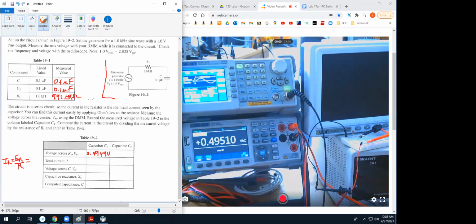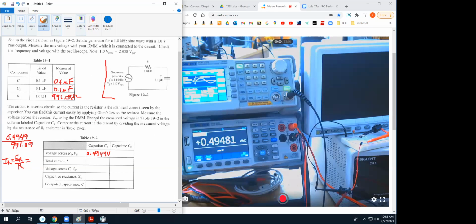0.4949 divided by 991.09. Remember, these are my numbers.